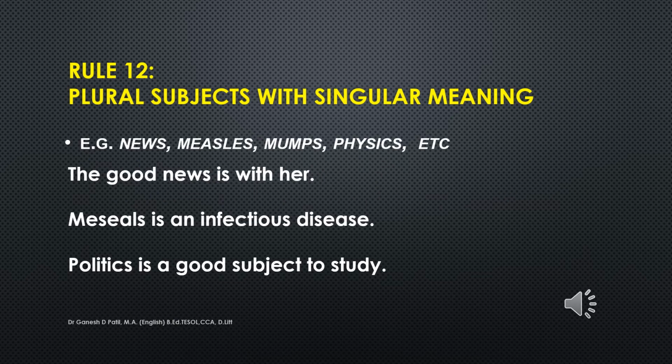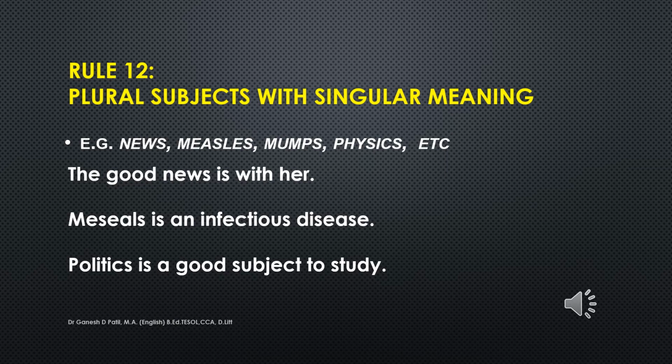Rule number 12, plural subjects with singular meaning. Some of the nouns are always plural, but the verb that is used after them is always singular. Names of some subjects: politics, economics, physics, news, measles.